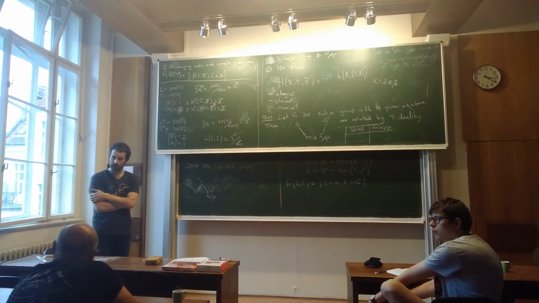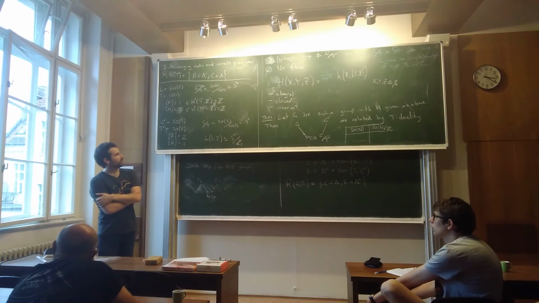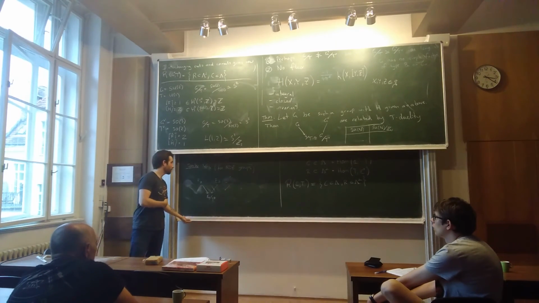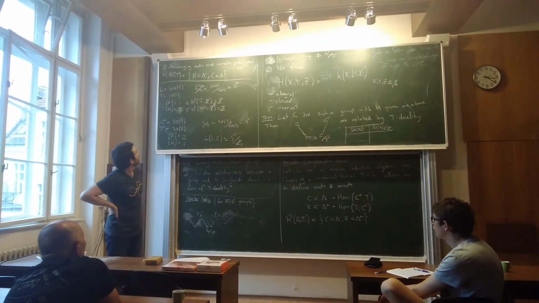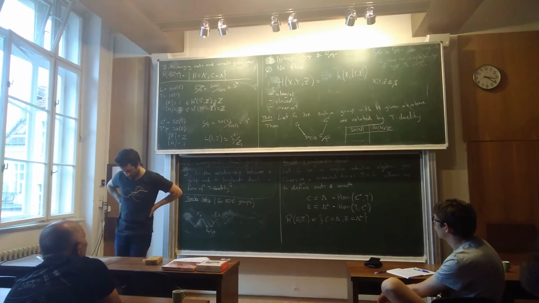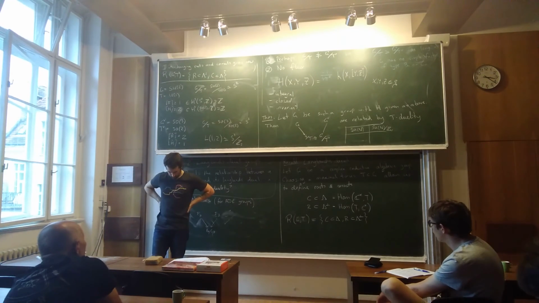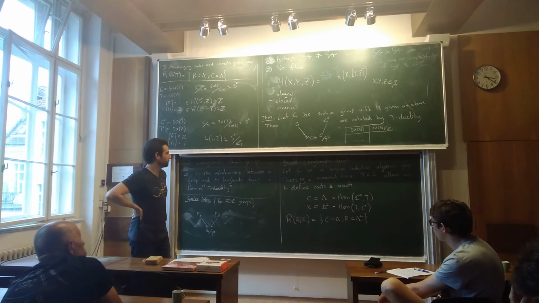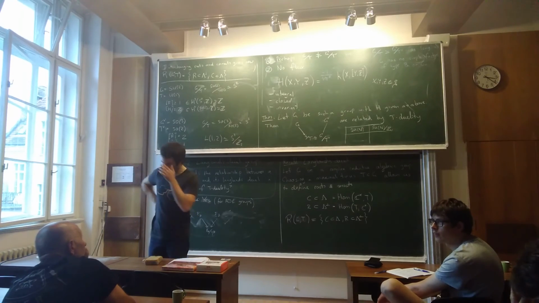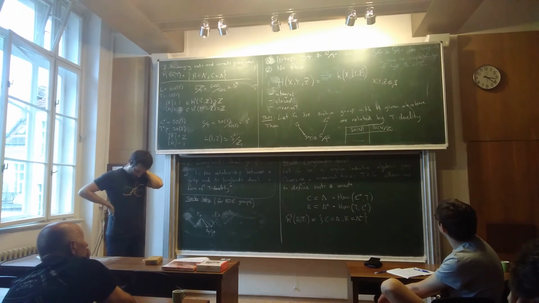It breaks down for F4 and G2. What breaks down? No, I think it works for this as well, because the final statement is for ADE groups. The Cartan 3-form is defined for compact simple groups.